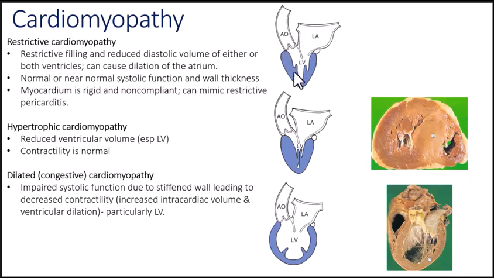Normally there should be an appropriate amount of pressure during that diastolic phase to allow for filling, but it's resistant to that. It's becoming non-compliant. And because of that, it can end up causing a backflow into this left atria, where it starts to become dilated.